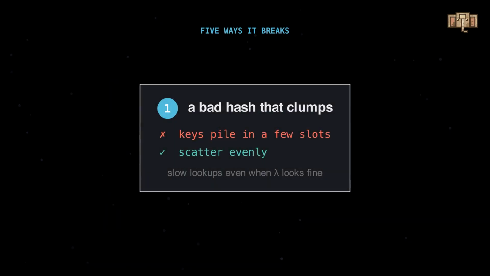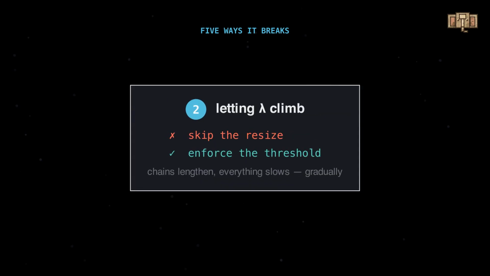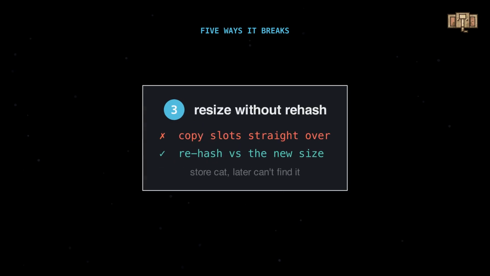A handful of mistakes cause most hash table grief, and the first is a bad hash that clumps keys into a few slots, so scatter them evenly instead. Second, letting the load factor climb without resizing, so enforce the threshold. Third, resizing without rehashing, so rerun the hash against the new size, never copy slots.